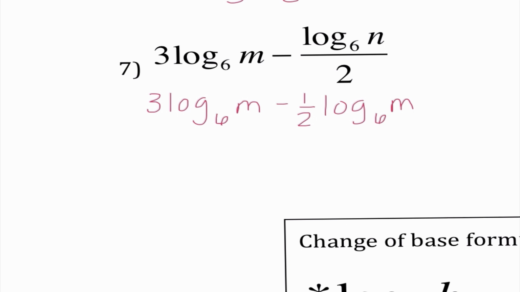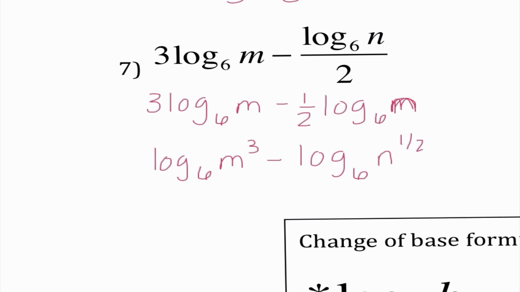The first way, I know I need to move these coefficients into exponents. So the first way I'm going to do it, I'm just going to keep this minus here and just put the 1/2 as our exponent. So that would become log base 6 of m cubed minus log base 6 of n to the 1/2 power.